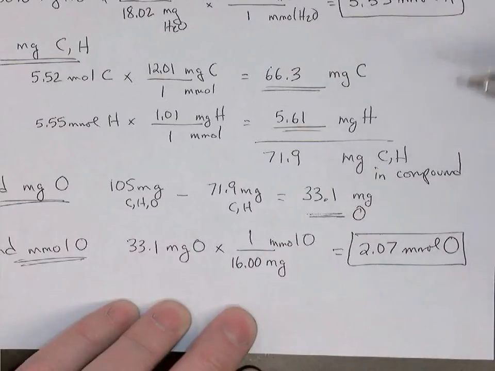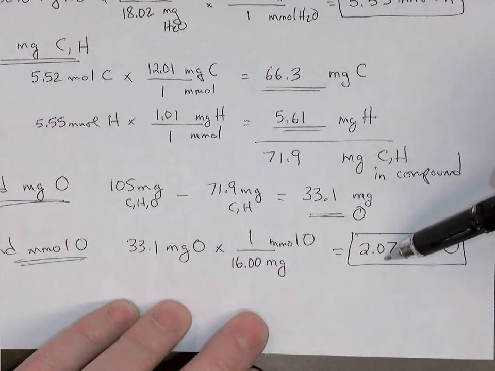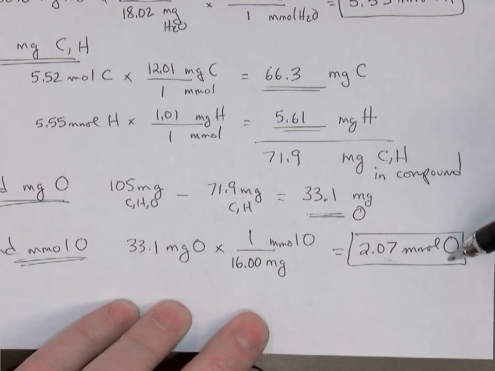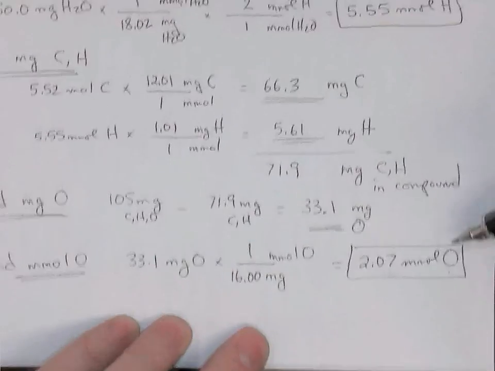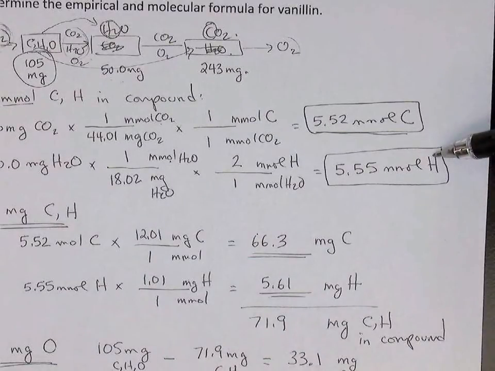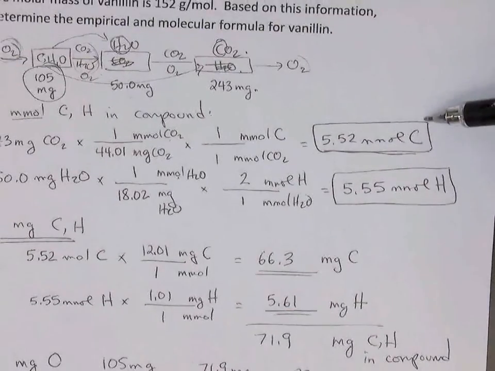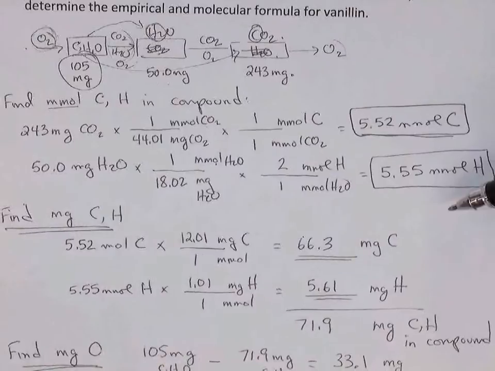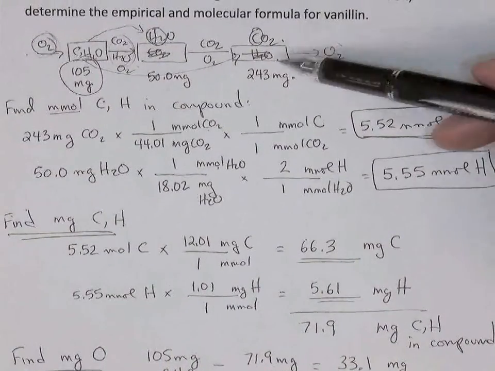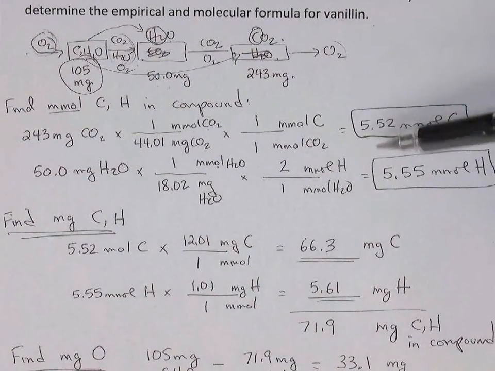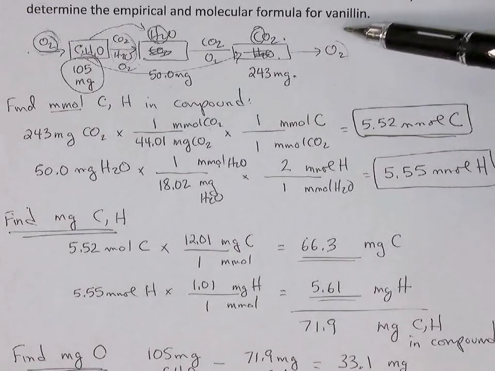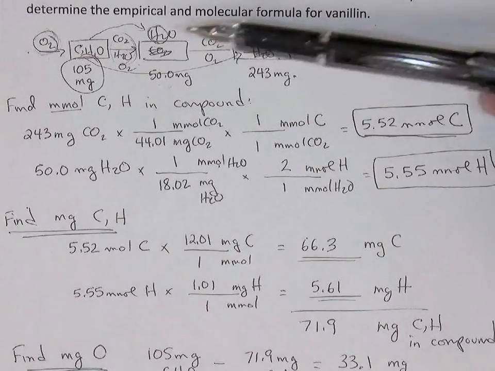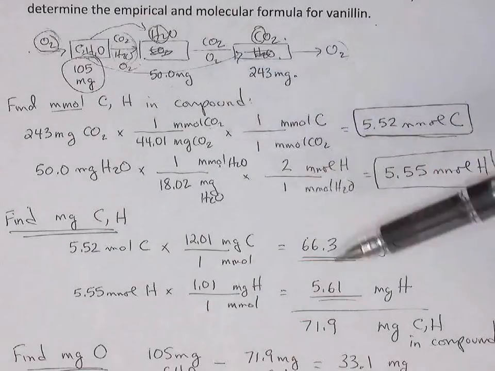So notice now in boxes we've got the millimoles of oxygen that were in our compound that was burned, the millimoles of hydrogen that were in the compound that was burned, and the millimoles of carbon. The oxygen was harder to find because, again, it ends up in both products, CO2 and water, and the oxygen in those compounds didn't entirely come from our compound. Some of it was oxygen that we added.